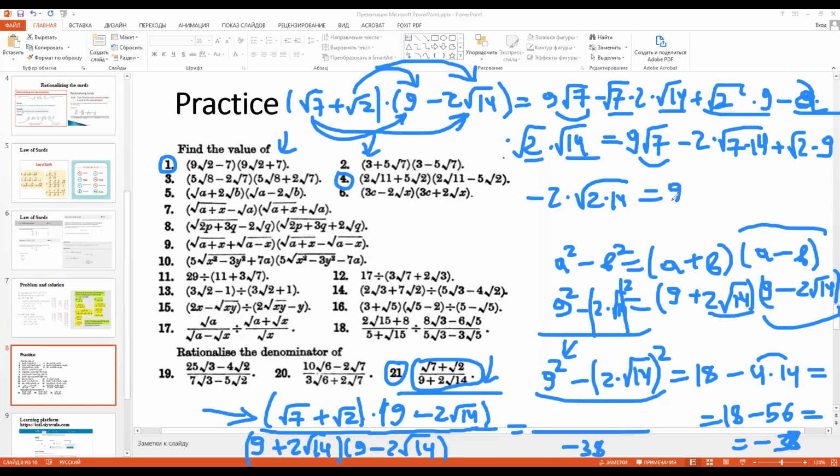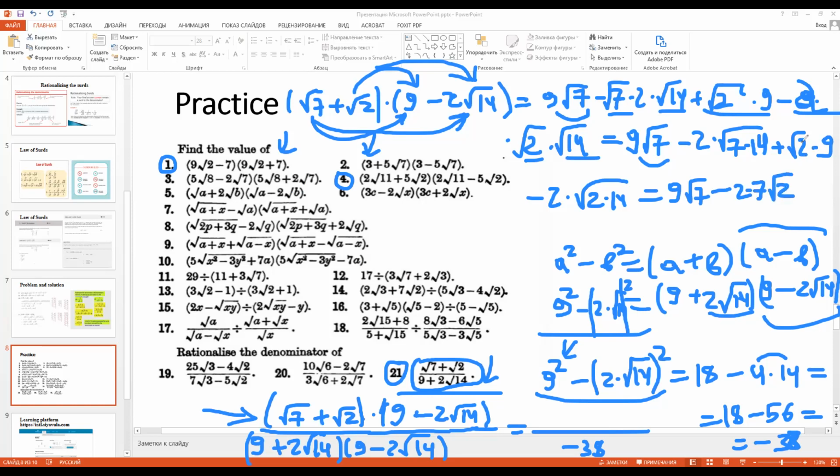Let's simplify that. The 14 is 2 multiplied by 7, you know? That's why you have 2 sevens under the square root. It means you can take the 7 out of the root. So minus 2 multiplied by 7 square root, you have 2.